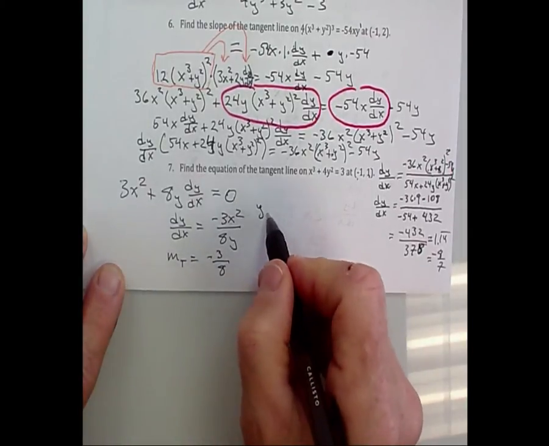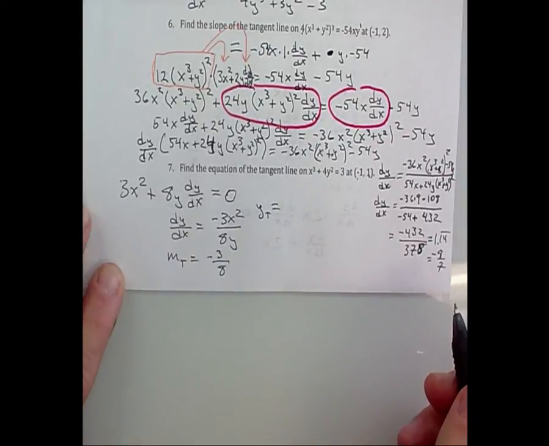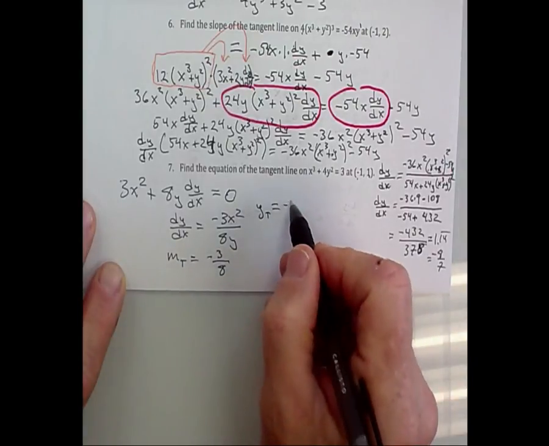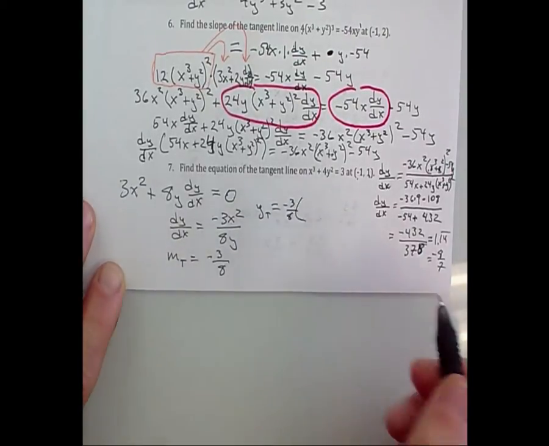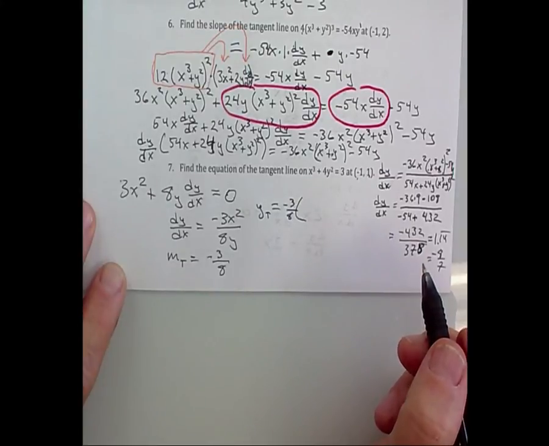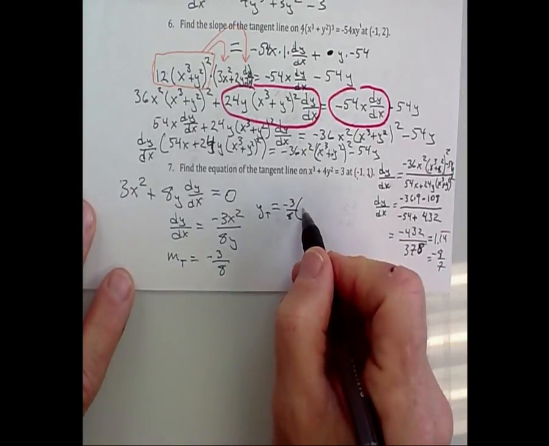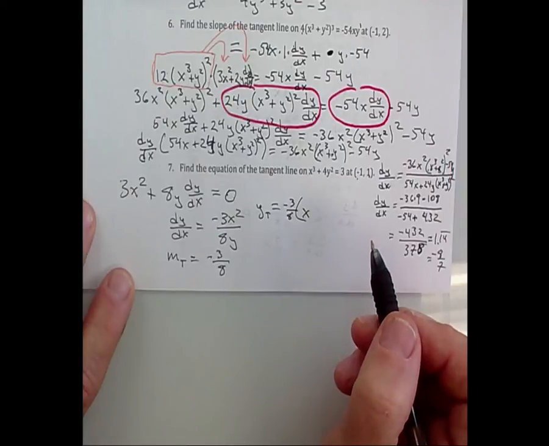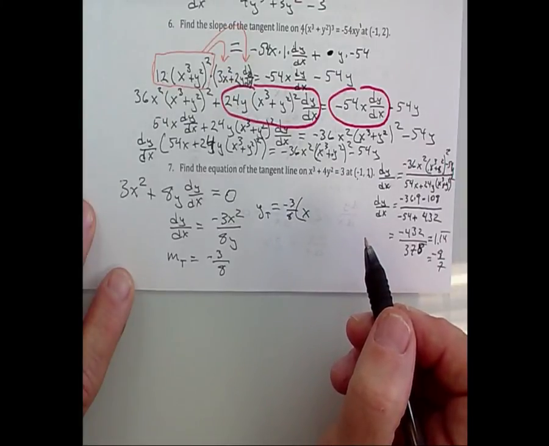So the equation of my tangent line is equal to what? Which is? Times, in parentheses, it'd be x minus a negative 1. Yep.